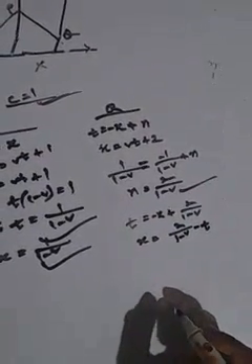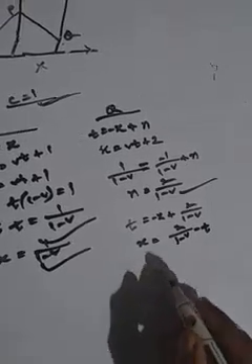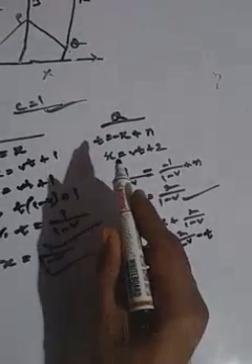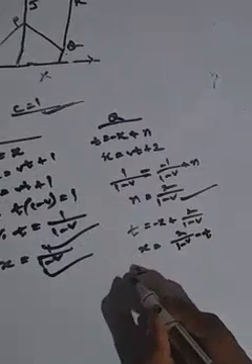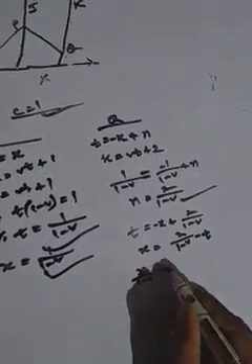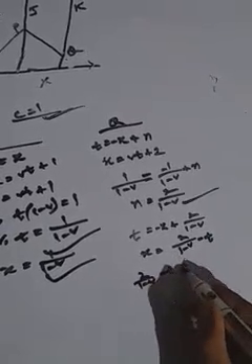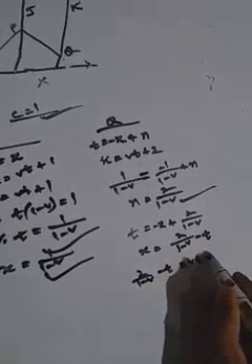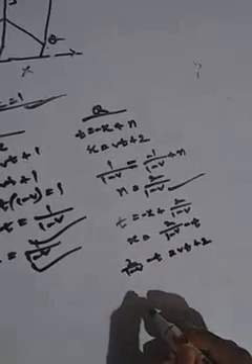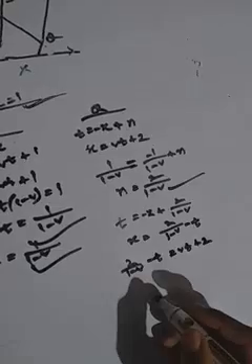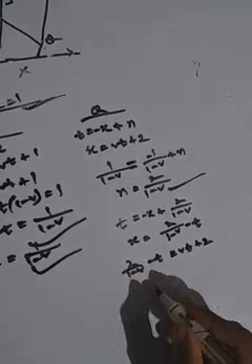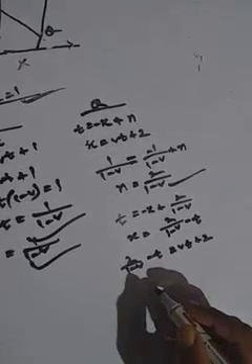Now we'll substitute this in this, then 2 by 1 minus v minus t equals vt plus 2. Will this give us a result?